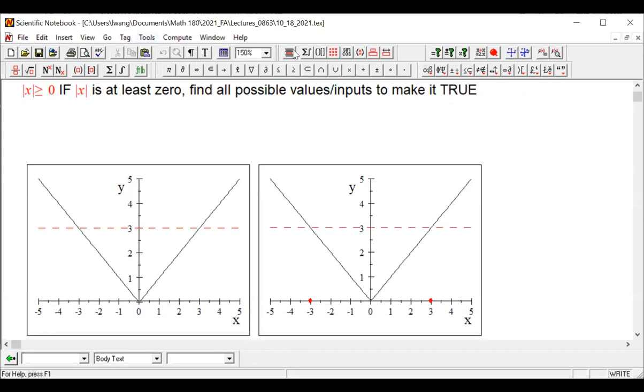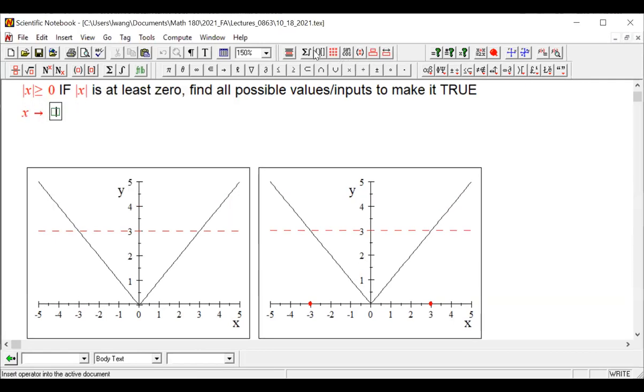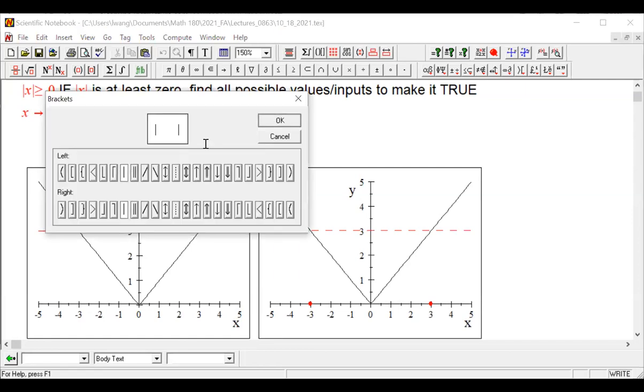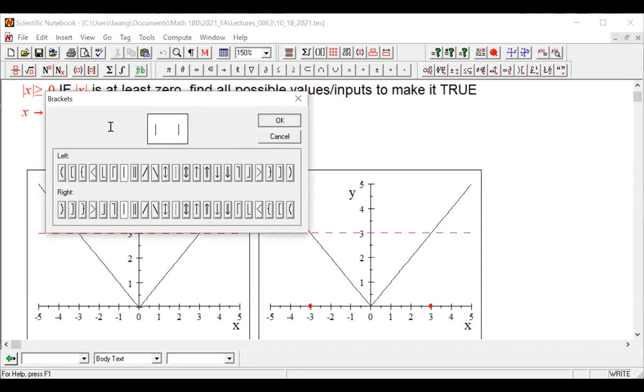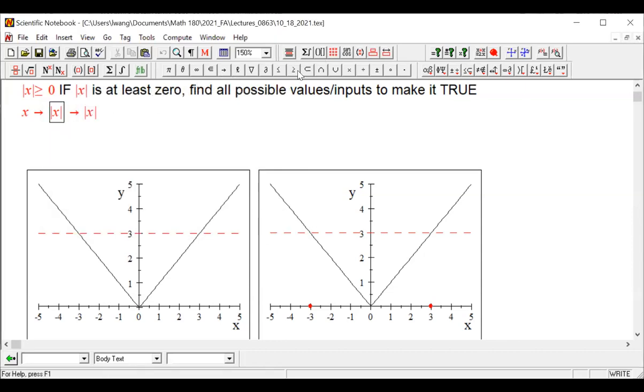So for your question, you need to think that if x is the input, the function is absolute value. The output produced, of course, is the absolute value of x. We want this to be greater than or equal to 0. Then your question would be, what are the numbers that will make this true? You guys follow me?